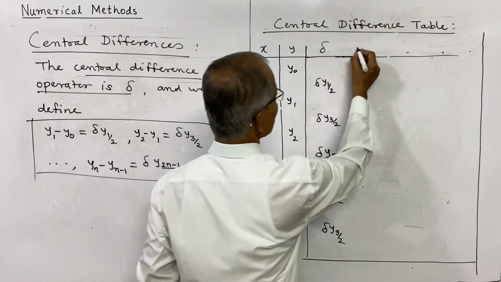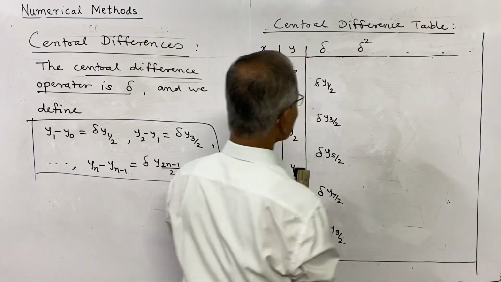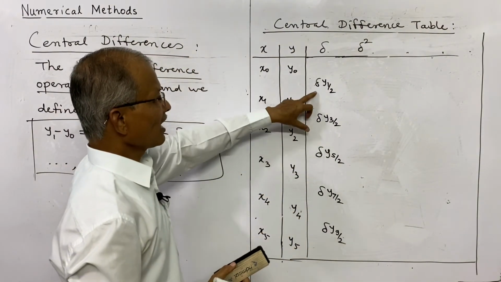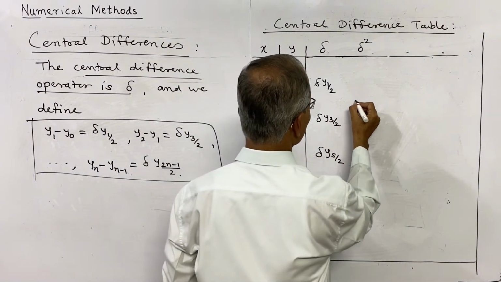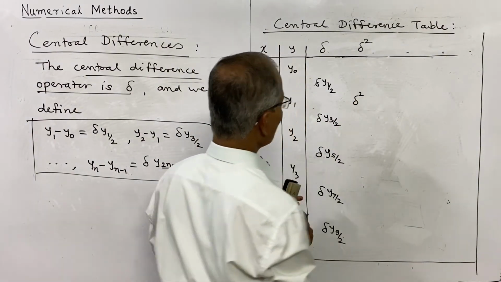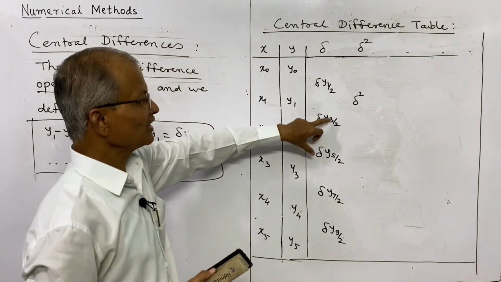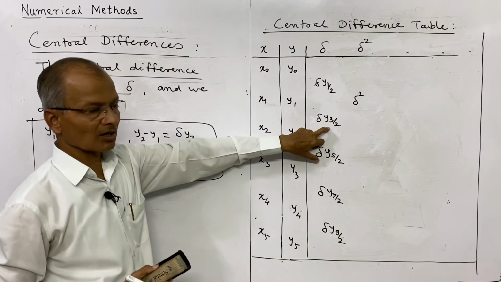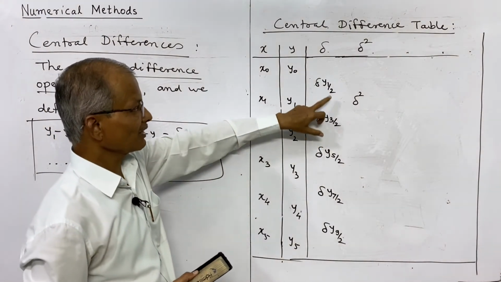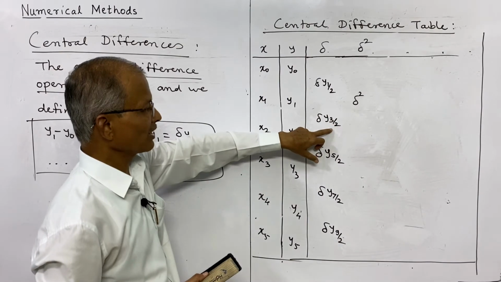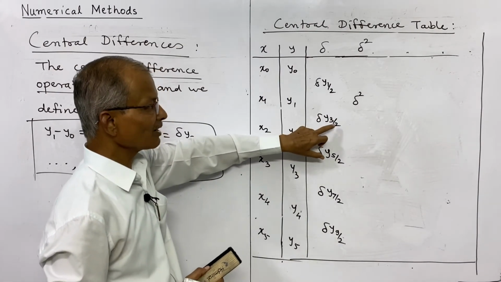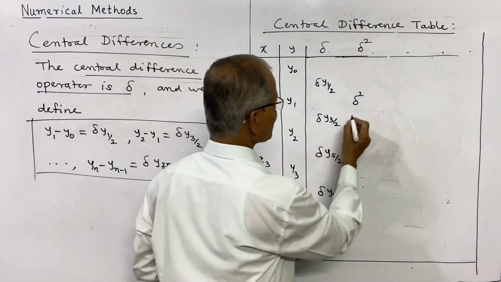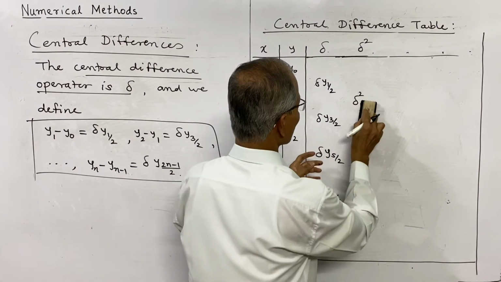Delta square, second order. Delta square will be the difference of these two. See the sum of these two, which is 1 plus 3 is 4 by 2, that is 2, so delta square y1.